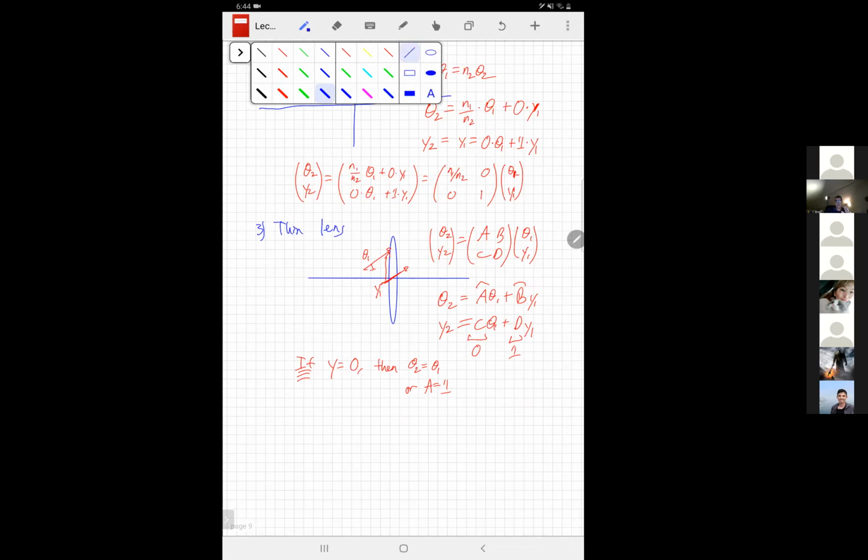Think of each coefficient. Forget even about matrix optics for a moment. Think of any coefficient of a matrix as saying, how does this output variable depend on this input variable when all of the other input variables are 0? Because that's all that a matrix really is.